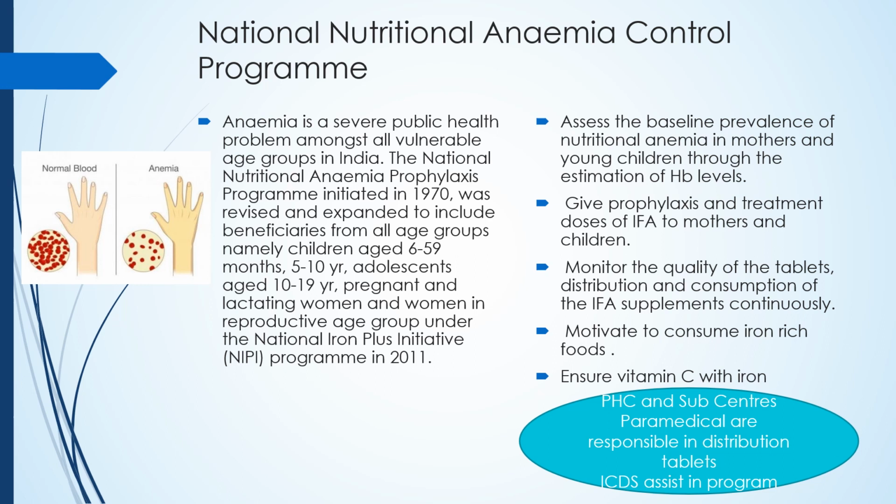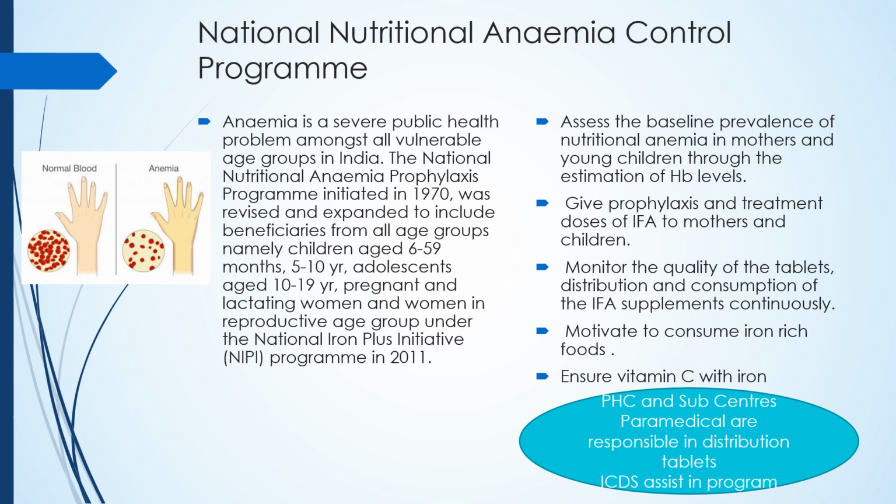So assess the baseline prevalence of nutritional anemia in mothers and young children through estimated hemoglobin. How will we identify whether they are anemic or not? By doing the estimation of hemoglobin. Give the prophylaxis treatment. Doses of iron folic acid tablets are given to the mothers and the children who are suffering from anemia.